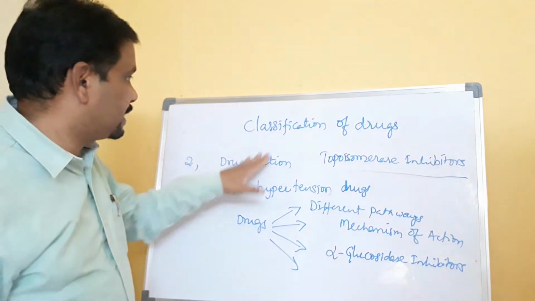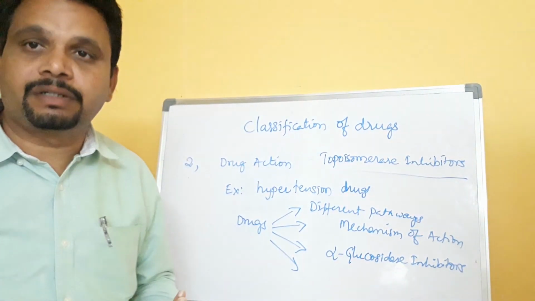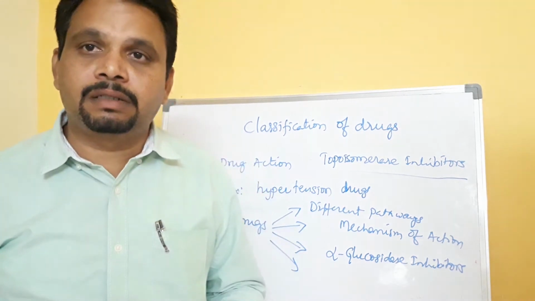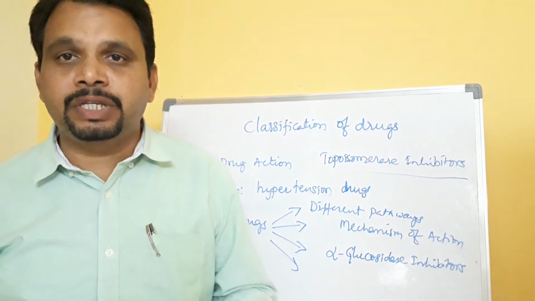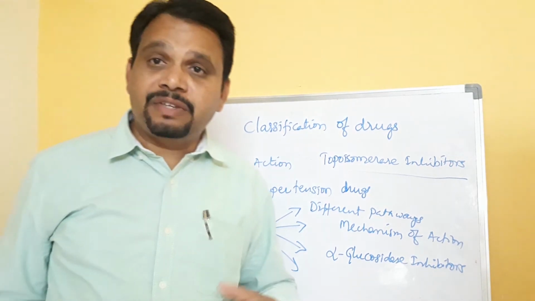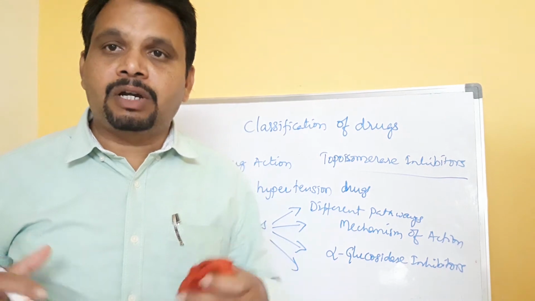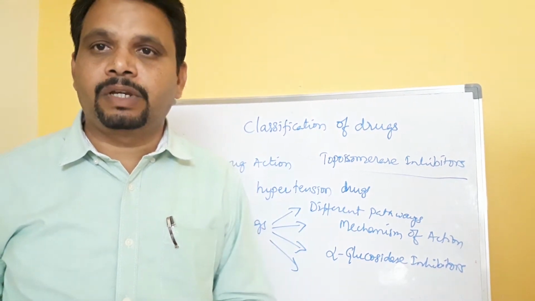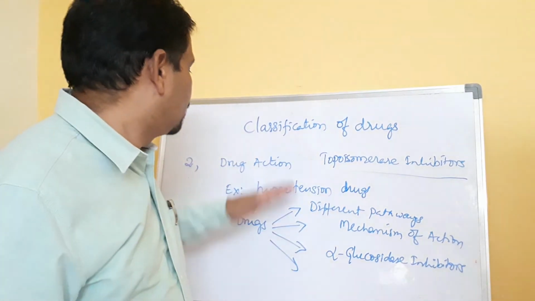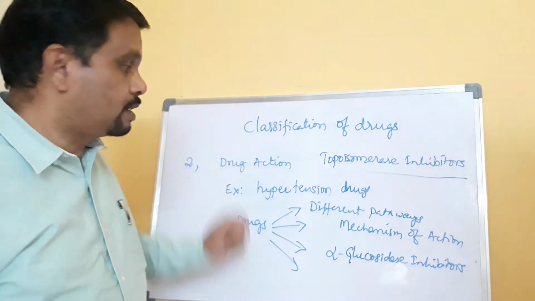So this is the second classification of drugs, on the basis of drug action. What was the first criterion I said? Classification of drugs on the basis of pharmacological effects. The second criterion is drug action.